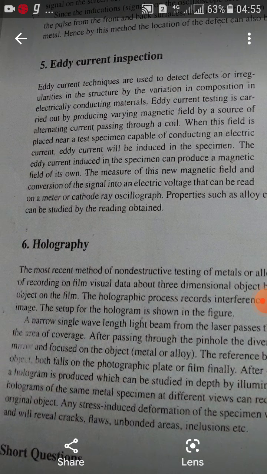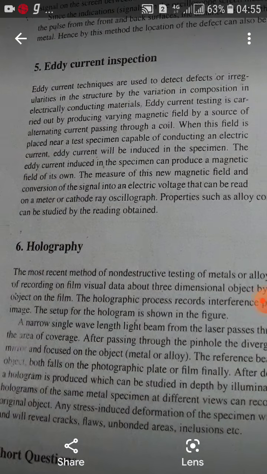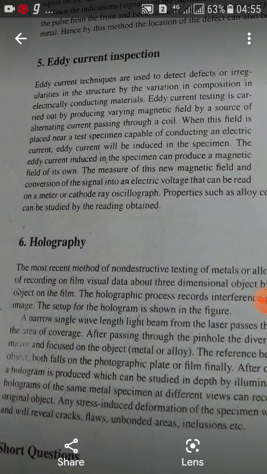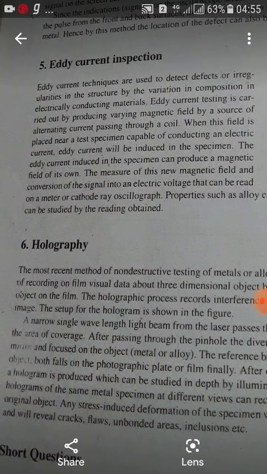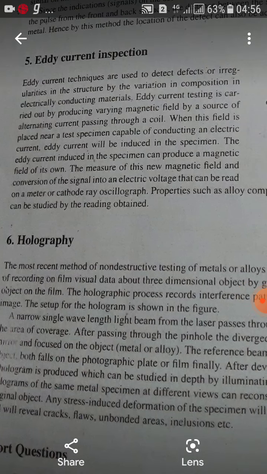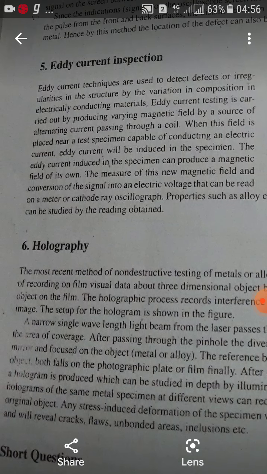Only respective specimens can be used here. We can't always use a specimen of wood or ceramic, as we require magnetic charges, electrical charges, eddy current, and magnetic field to be produced. Then only we can detect flaws.